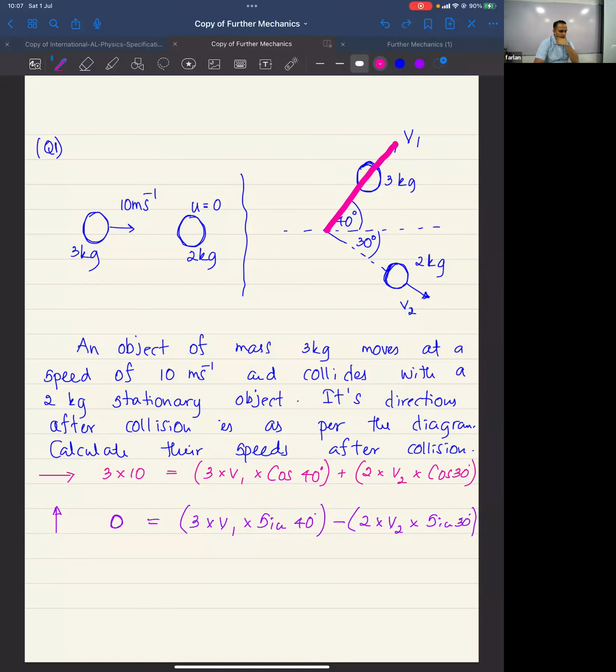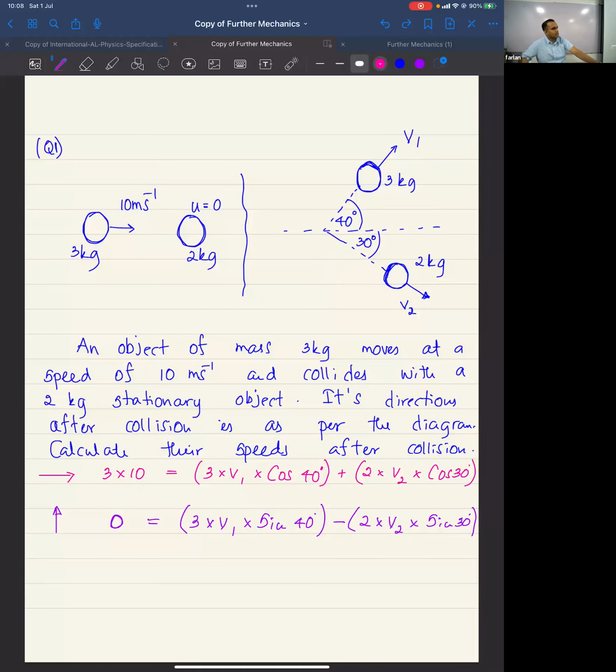This 3 into v1 is the momentum in this direction, so in this direction it will be 3 into v1 sin 40. Similarly, the momentum of this one is 2 into v2, and in this direction it will be 2 into v2 sin 30. Since we are considering the downward direction, the momentum will be negative. So it becomes 3 into v1 sin 40 minus 2 into v2 sin 30.